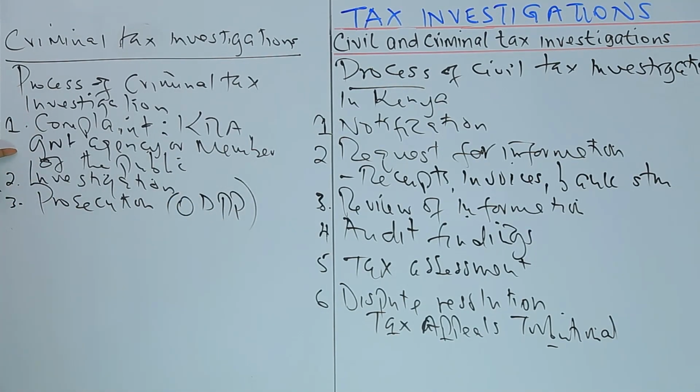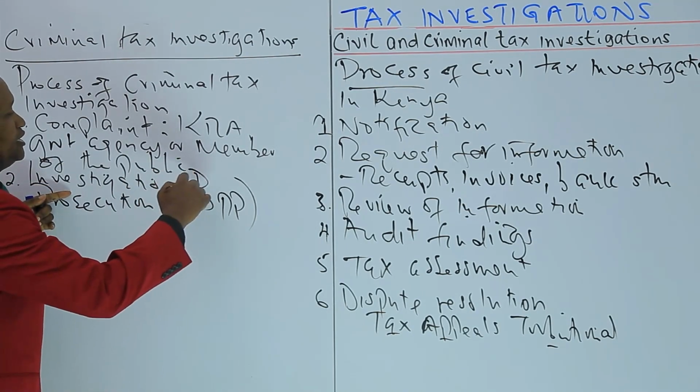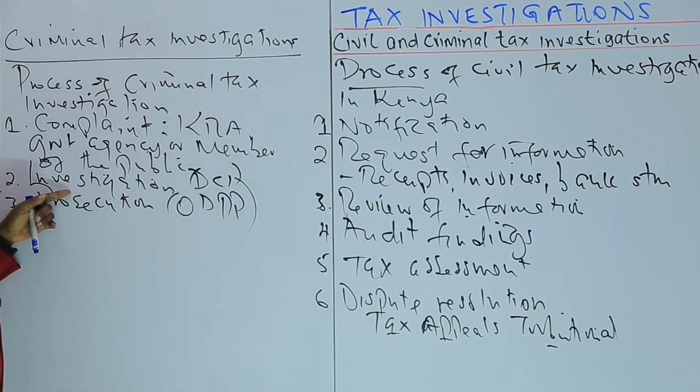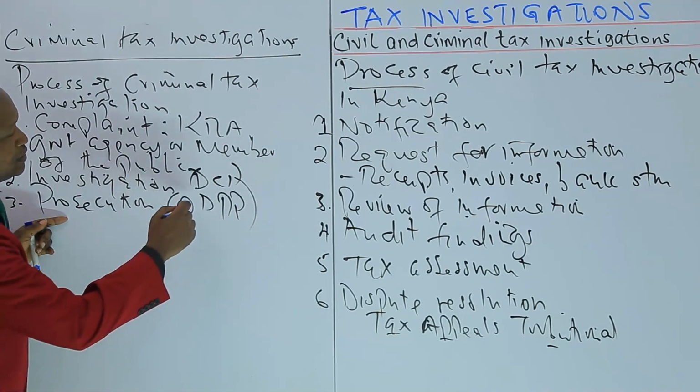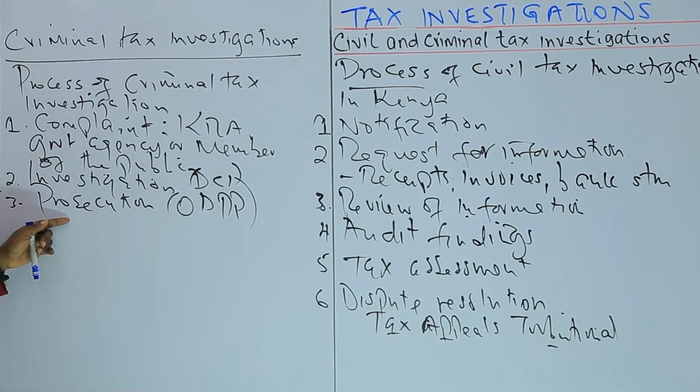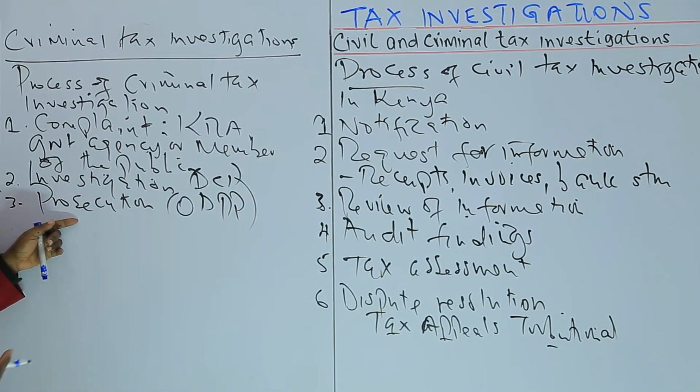The DCI investigates. If the DCI has sufficient evidence, then the DCI submits a file to the office of DPP. Do you understand? The office of DPP will then prosecute the case.